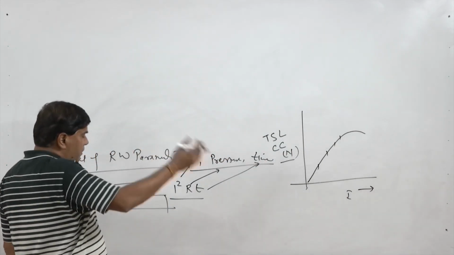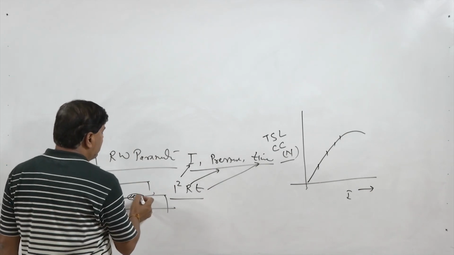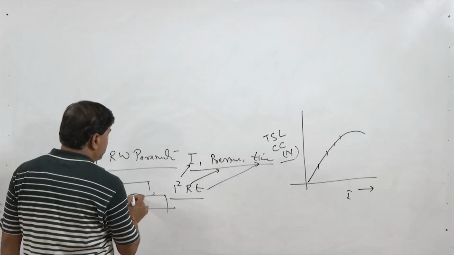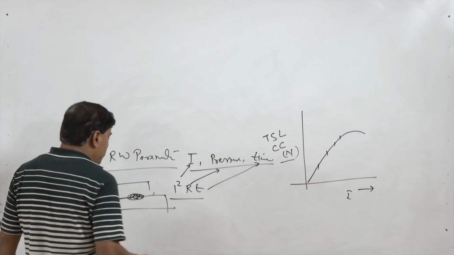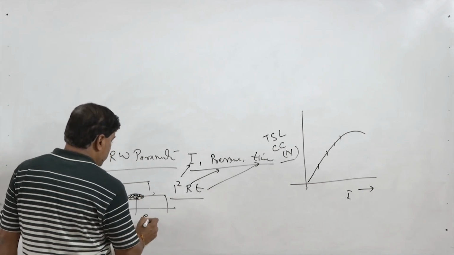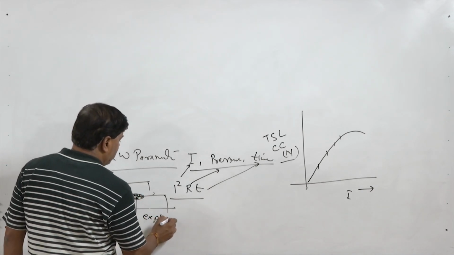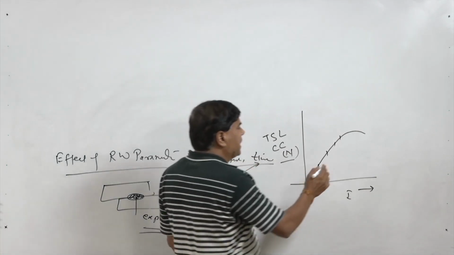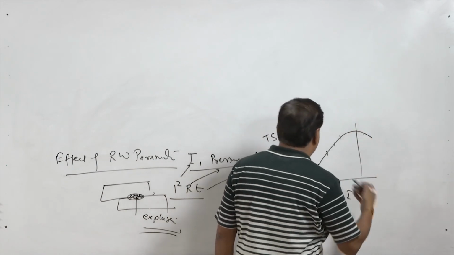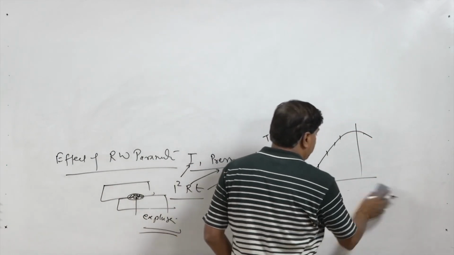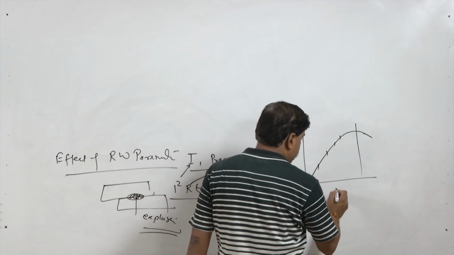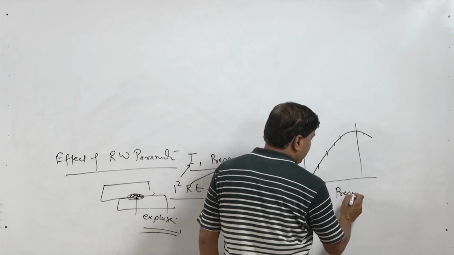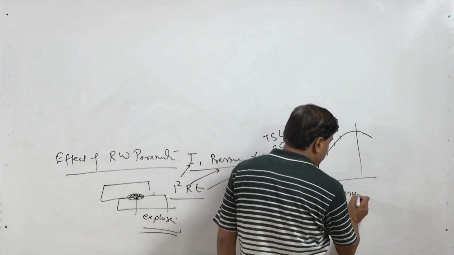But after reaching a particular value, we will see excessive development of molten metal due to too much heat generation, expulsion of the molten metal starts, and in that case strength starts decreasing after reaching the peak value. A similar kind of trend is also observed in the case of pressure variation and time variation.